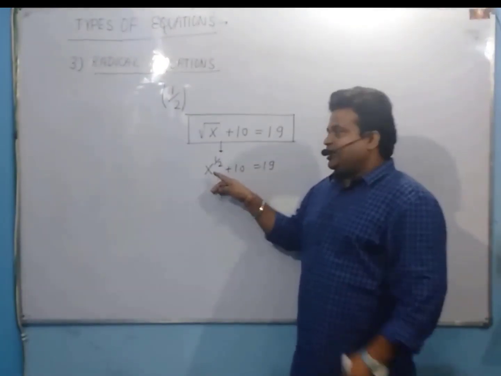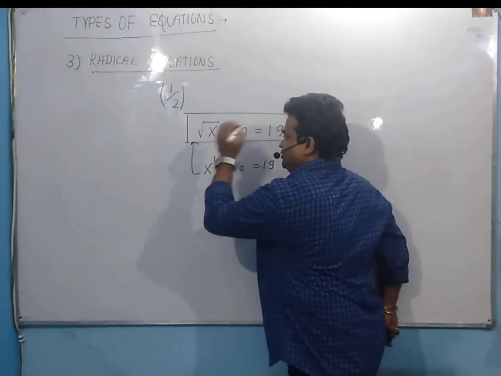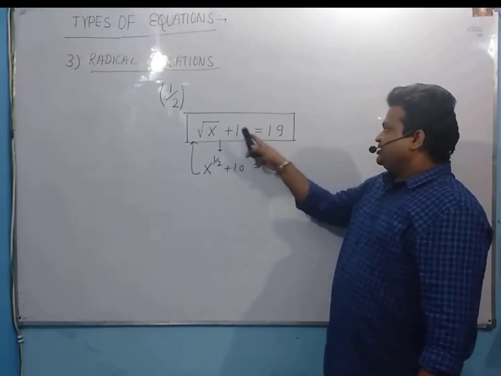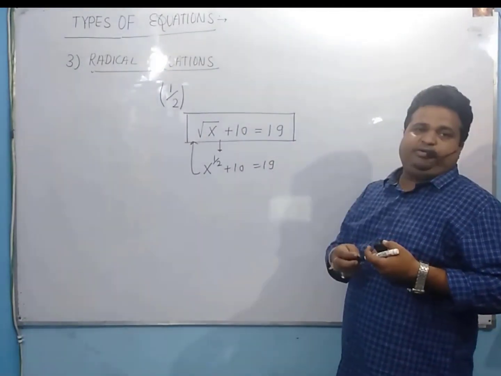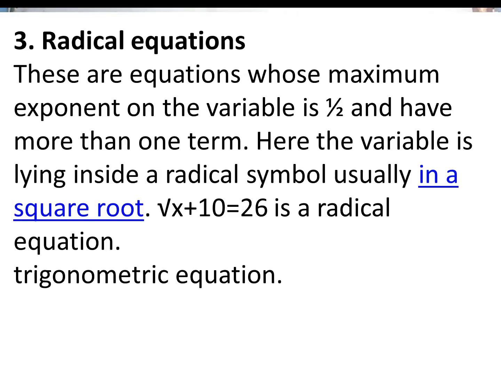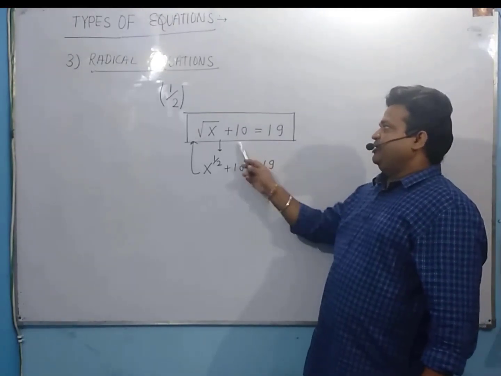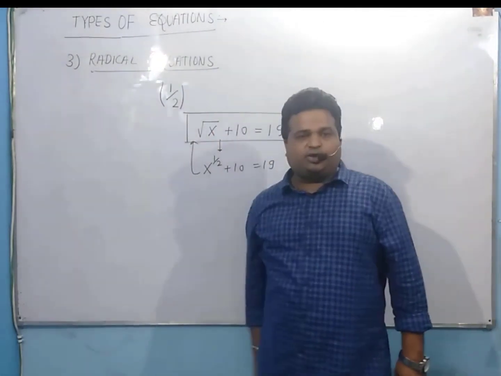So in easier terms you can write the expression as root x plus 10 is equal to 19. I repeat again the definition: these are equations whose maximum exponent is 1 by 2 and have more than one term.